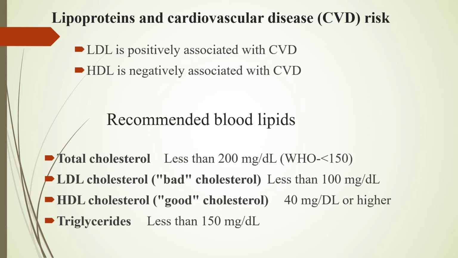Low density lipoprotein cholesterol, denoted as a bad cholesterol, less than 100 milligrams per deciliter. The high density lipoprotein cholesterol, or the good cholesterol, is about 40 milligrams per deciliter or higher, and triglycerides less than 150 milligrams per deciliter.